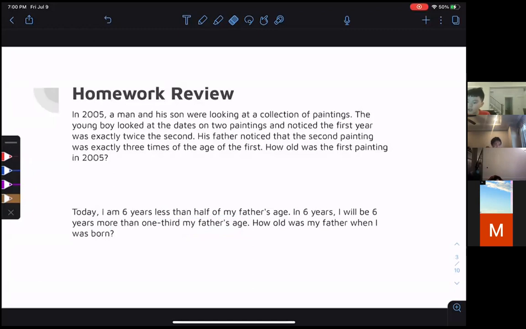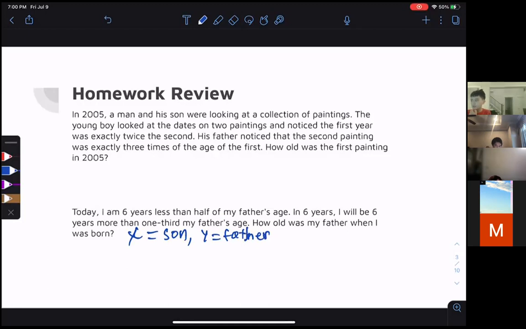So I let X be the son's age, or you could just use X and Y, X for the son's age and Y for the father's age. So you get two equations.